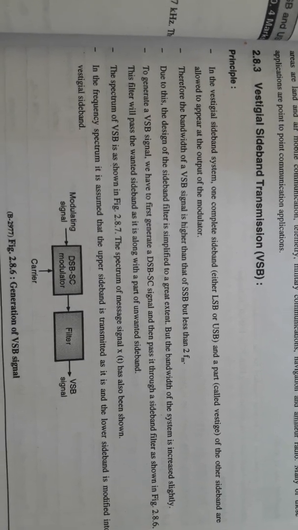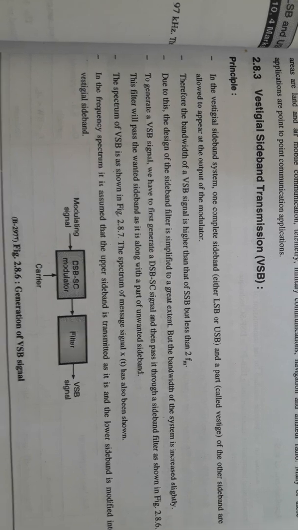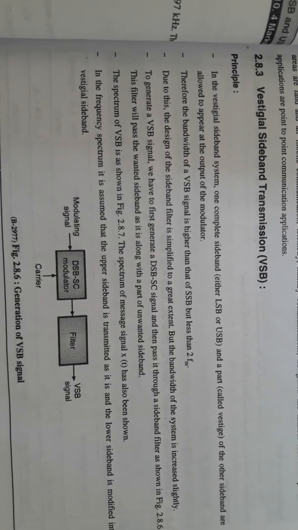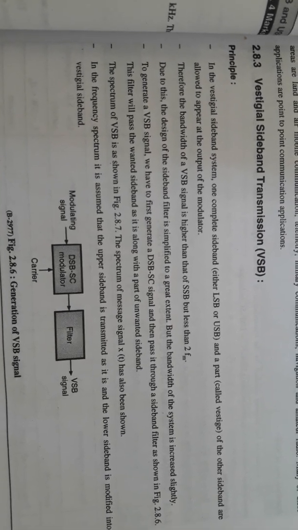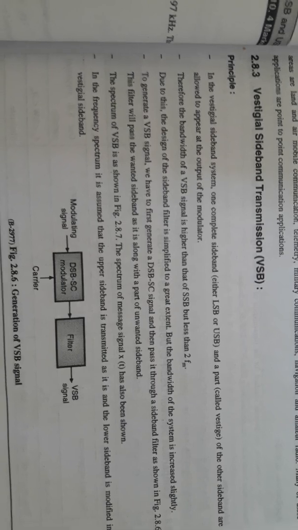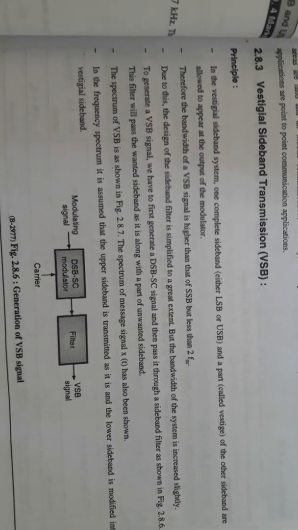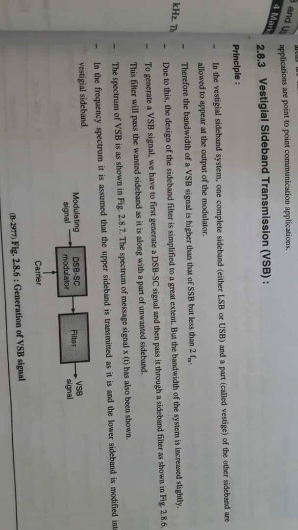So suppose we design a low pass filter, then the lower frequencies get passed, but the higher frequencies are rejected or attenuated. Similarly, if we want to pass the higher frequencies, we design a high pass filter. Then higher frequencies are passed and lower frequencies are rejected or attenuated.